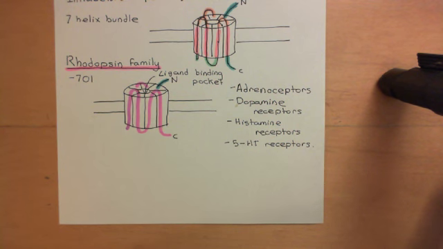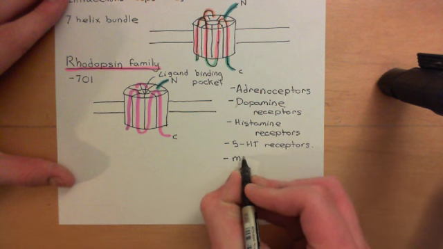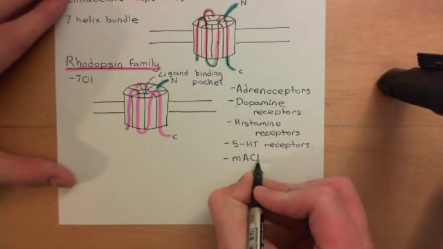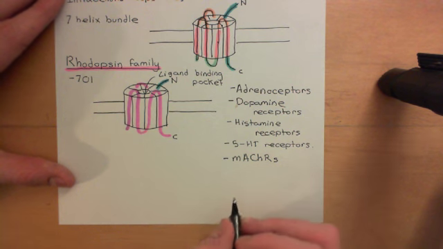But there aren't very many of those. Those are known as the 5-HT3 receptors. All the other serotonin receptors are G protein coupled receptors, and they are in this rhodopsin family of G protein coupled receptors. Another notable example is the muscarinic acetylcholine receptors, which I'll just abbreviate to MAChRs.